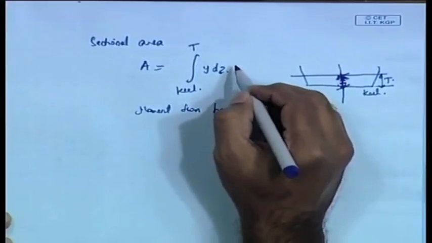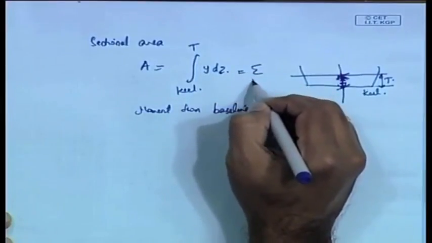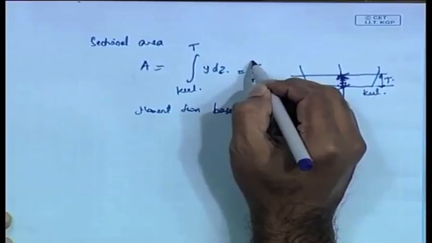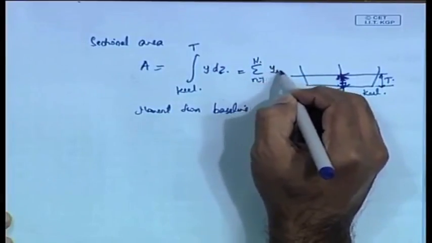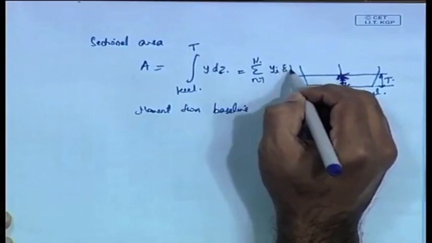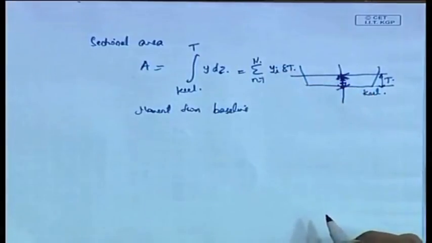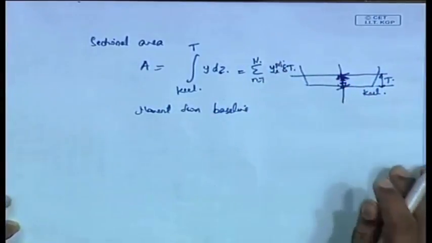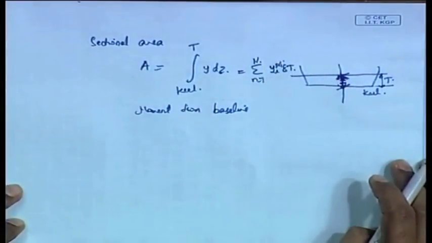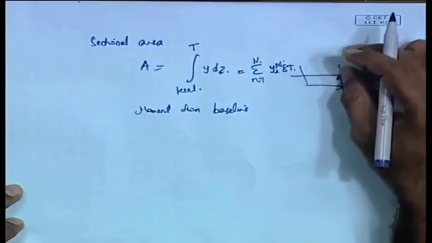If I had to write this, it will become the sum from i equals 1 to some capital N of y_i delta t, multiplied by alpha_i, the Simpson's multiplier, where delta t is the distance between the different water lines.